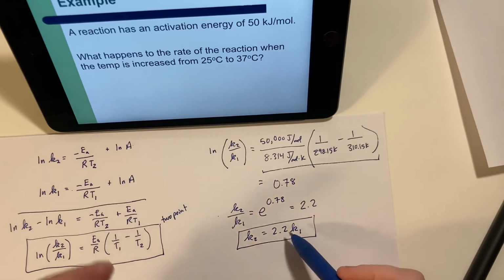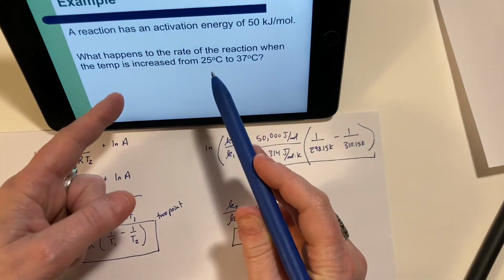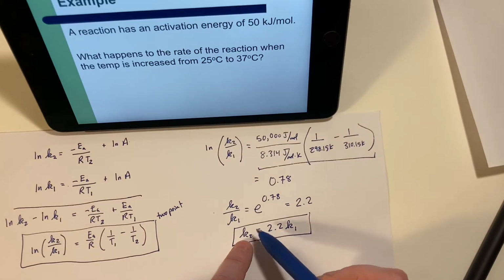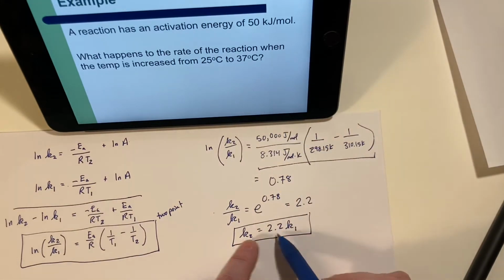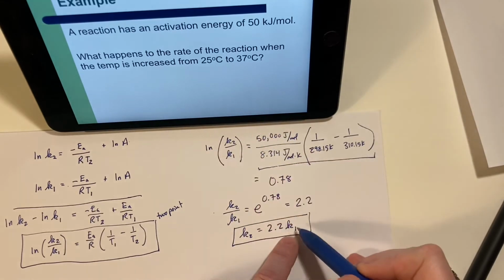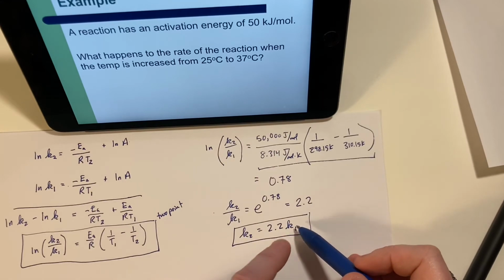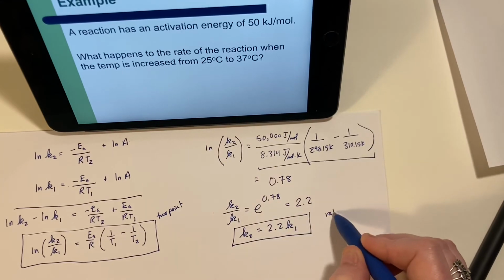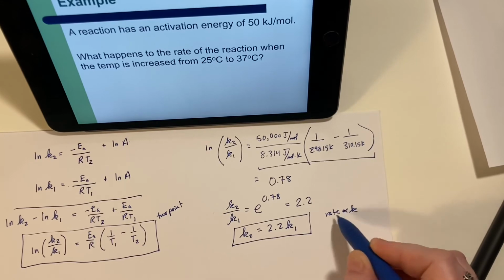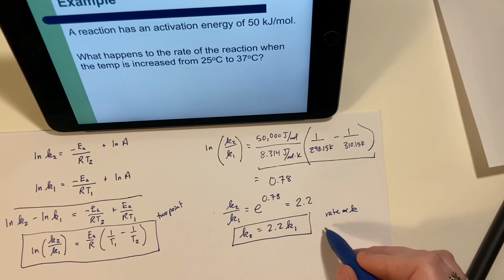So what does that say? It says what happens to the rate? Here it is. The rate constant at the second temperature, the higher temperature, is a little more than double K1, the rate constant at the lower temperature. So if the rate constant doubles, then that means the rate doubles because rate is proportional to rate constant.